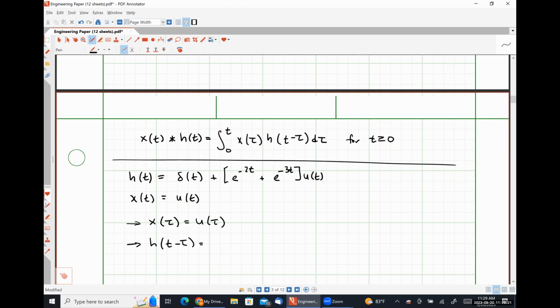So that's going to look like delta of t minus tau plus e to the negative 2 t minus tau plus e to the negative 3 t minus tau, close brackets, u of t minus tau. Let me make that last tau look more tau-like.